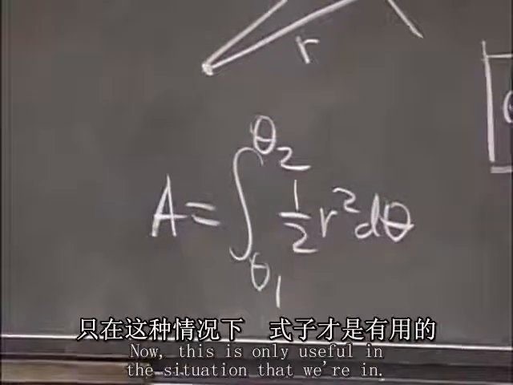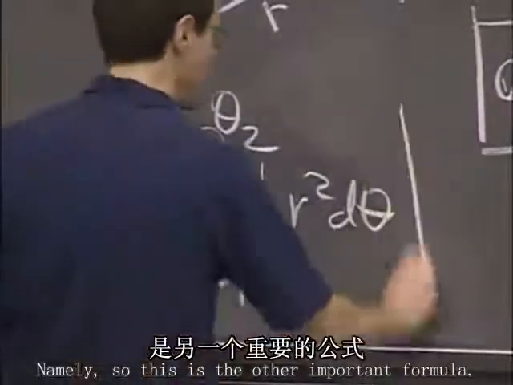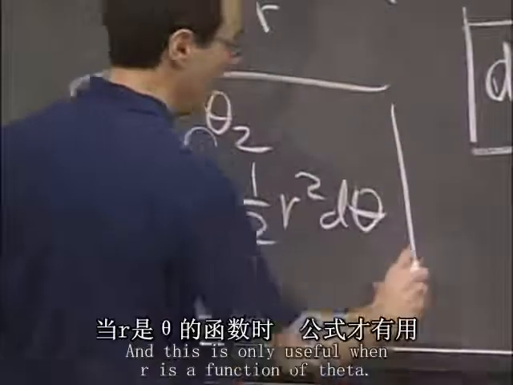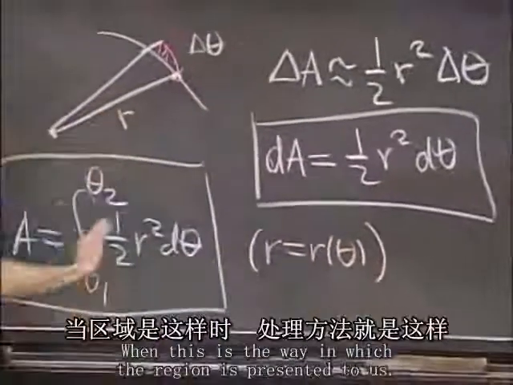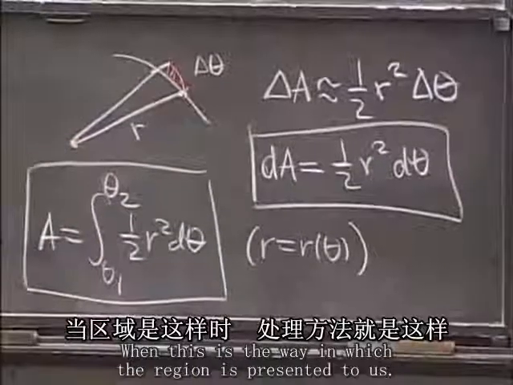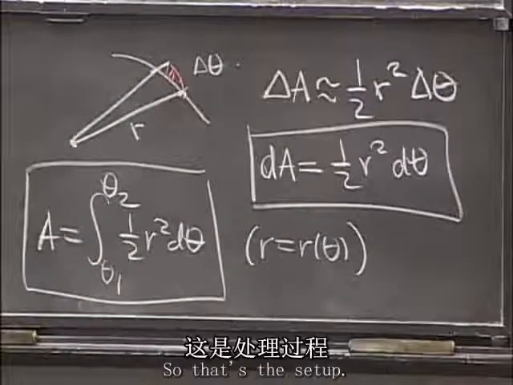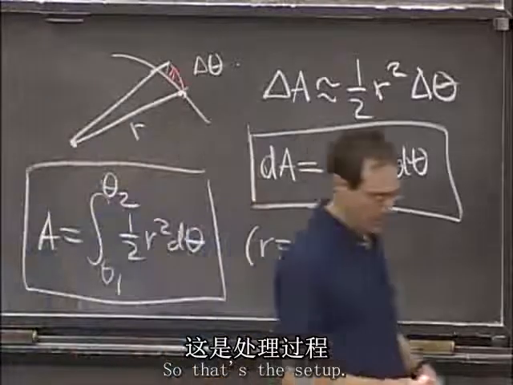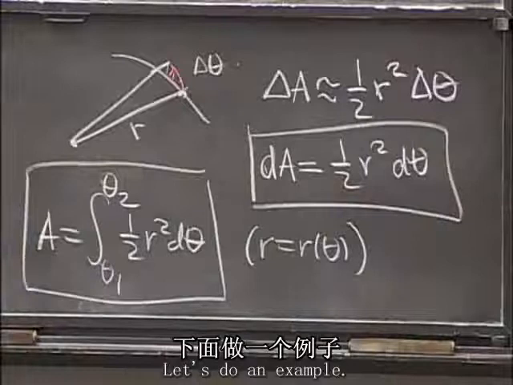Now this is only useful in the situation that we're in, namely, when r is a function of theta, when this is the way in which the region is presented to us. All right, so that's the setup, and that's our main formula. Let's do an example.